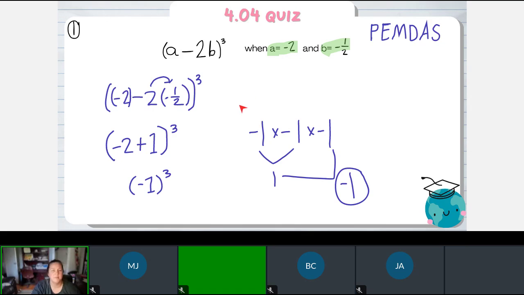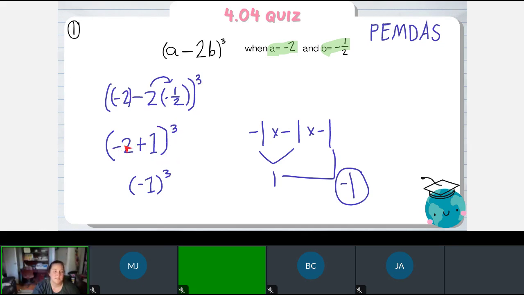So again, the first step was to plug in these values for A and B in our original problem, which is what I did here. Then I multiplied these two, -2 times -1/2, and I got +1. That's where that +1 comes from. The rest of this is just copied down from up here.